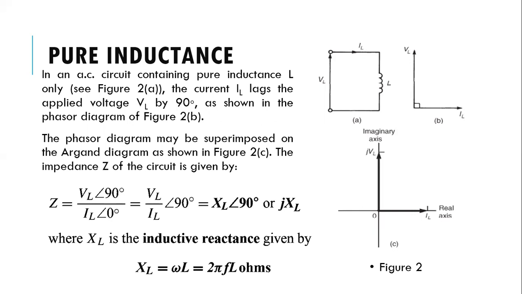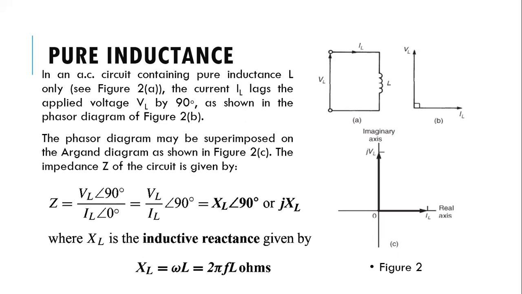The impedance of the circuit will now be given as Z equal to VL at an angle of 90 degrees divided by IL at an angle of 0. So at the end of the day, it will be VL over IL at an angle of 90 degrees. We know that VL over IL is XL. So what we get is XL at an angle of 90 degrees, and we can say it is jXL.